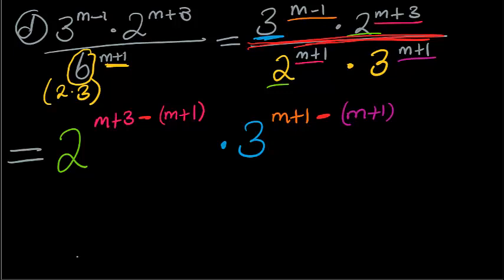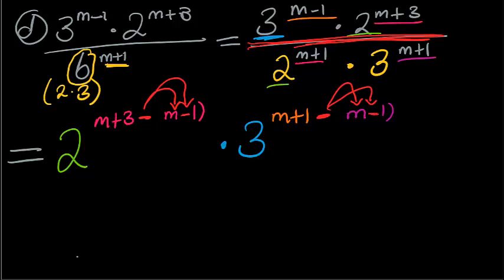So if we multiply this minus sign in, that becomes minus m. And then I multiply it in there, that becomes minus 1. If I multiply this in here, it becomes minus m. If I multiply it in there, it becomes minus 1.